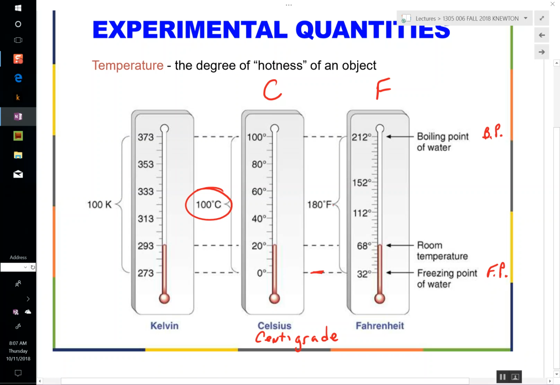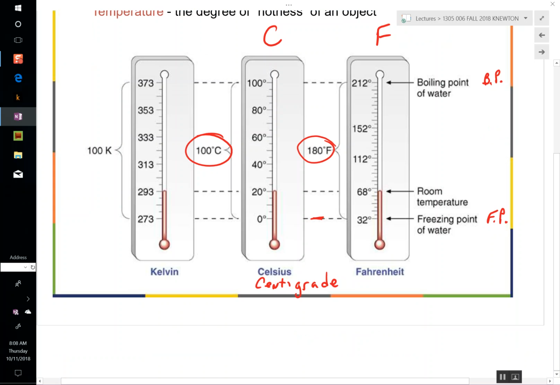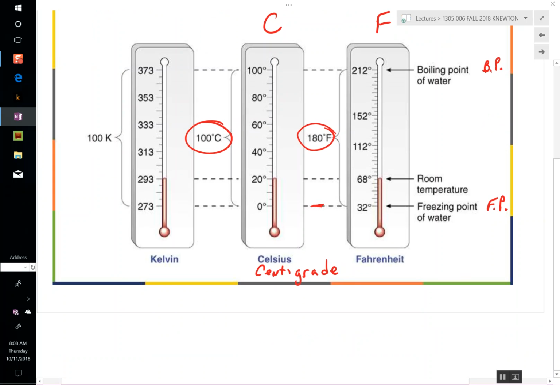But notice that from the freezing point to the boiling point are 180 Fahrenheit degrees. Okay? So the same reference points, freezing point, boiling point, there are 100 centigrade degrees. There are 180 Fahrenheit degrees. So look at what you get.